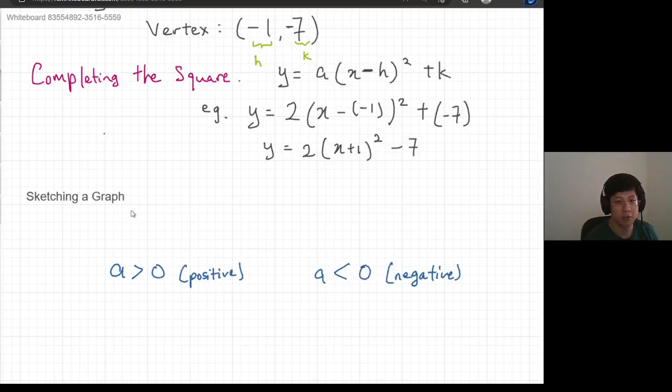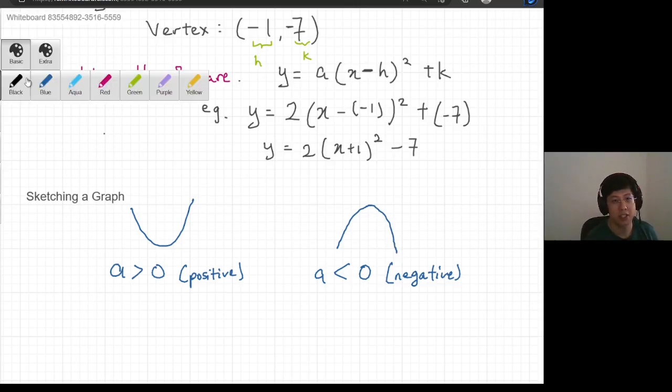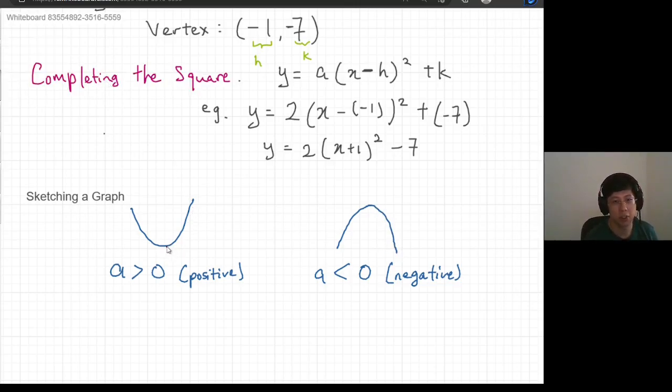When it's positive, the graph has a shape like this, what's sometimes known as a smiling graph. And if it's negative, it has a shape kind of like this, which is what's commonly known as a frowning graph. In both these cases, the vertex or the turning point is one of the most important points, this being down here and being up here. So these are the vertex of these two graphs.